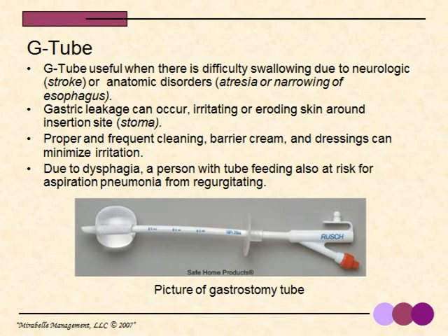Therefore, because that leakage is possible, proper and frequent cleaning or using a barrier cream and dressings can minimize the irritation to the skin. Due to dysphagia, a person with tube feedings will also be at a risk for aspiration pneumonia from regurgitating the formula that is fed to him.